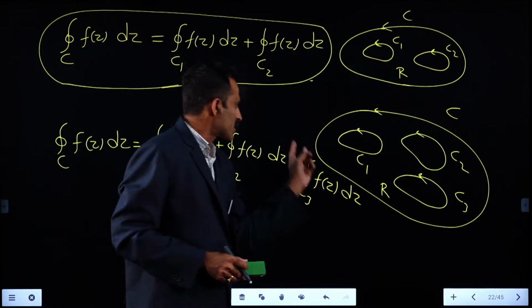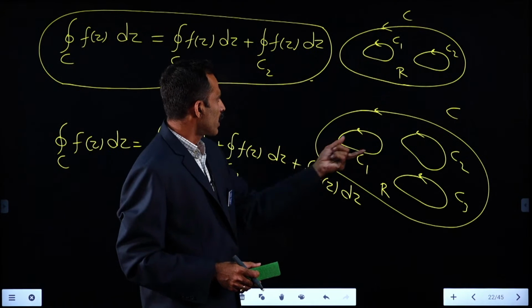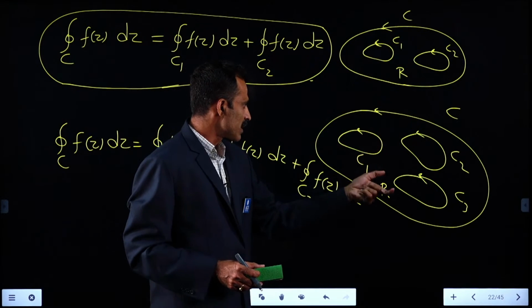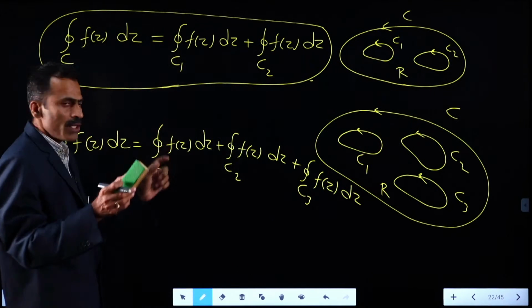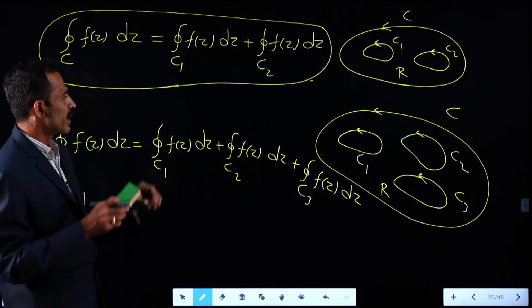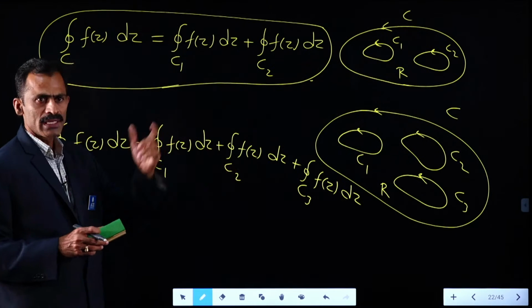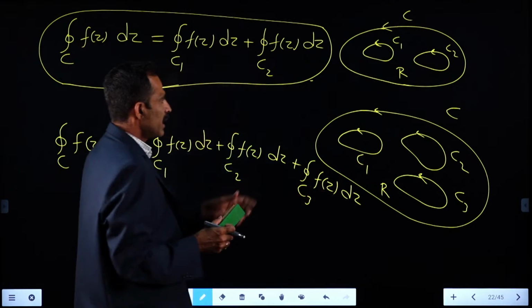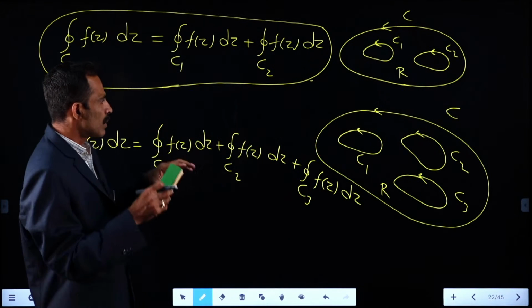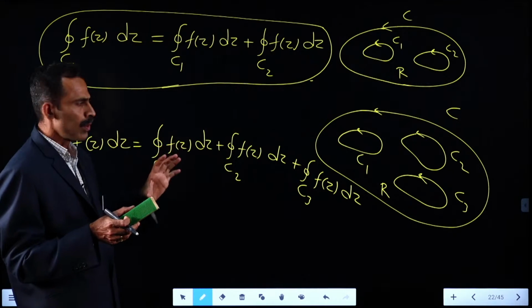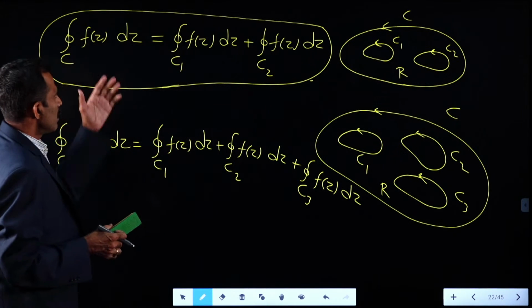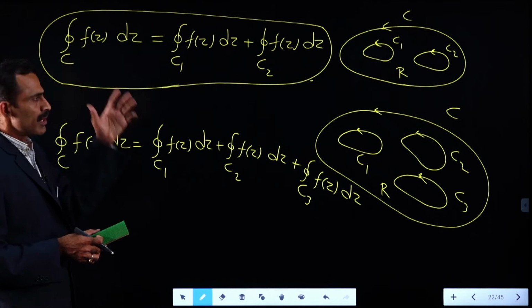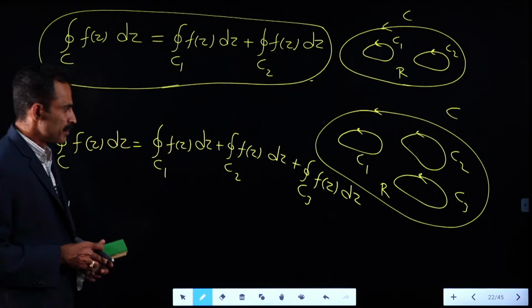Inside C, if we have any number of closed curves, then we can have the integral as the sum of those integrals. Suppose we have 4 closed curves inside C, then the integral along C is equal to the sum of the integrals along the 4 closed curves. This is the extension of Cauchy's theorem for multiply connected regions.